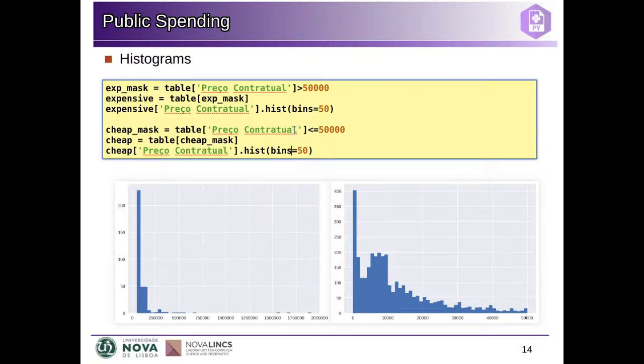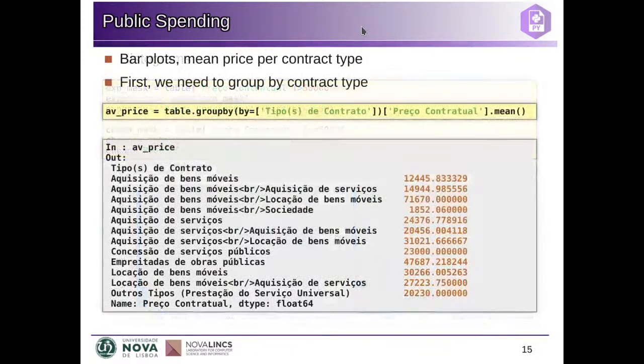So basically, with Pandas, you can easily select the data that you want, and then you can use the plotting functions from the series or even the data frame to do the plotting for you. So let's try to do some bar plots with the mean price per contract type. You have a group by function in the data frames.